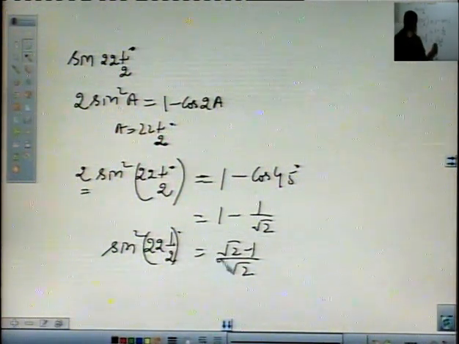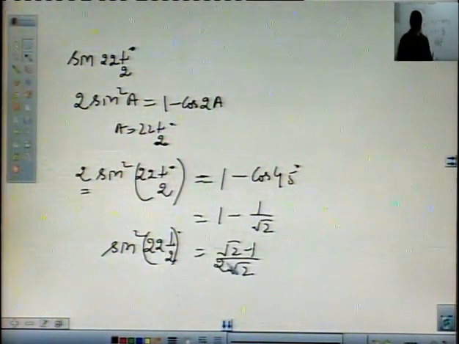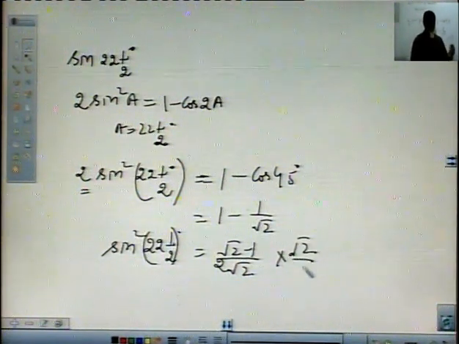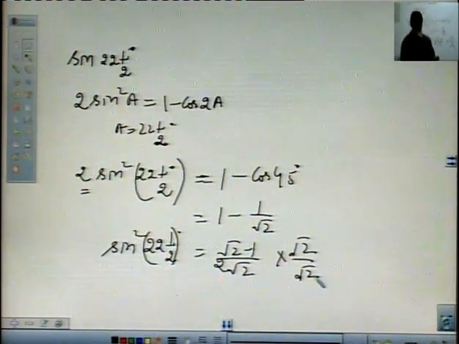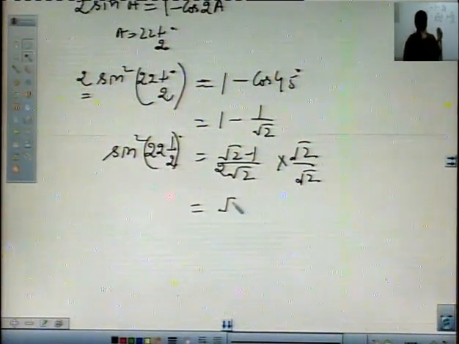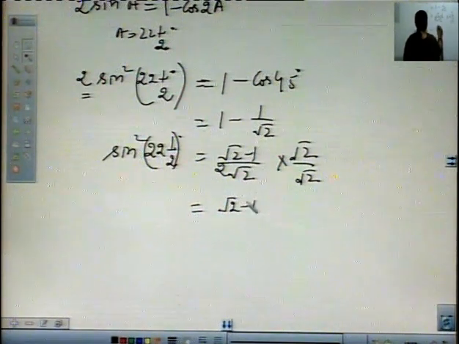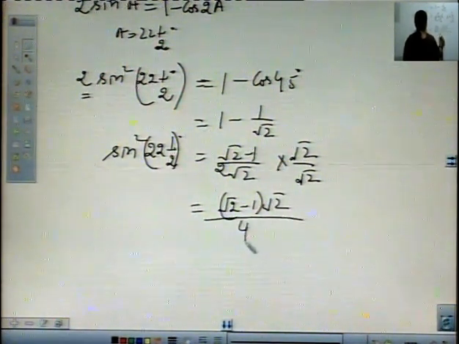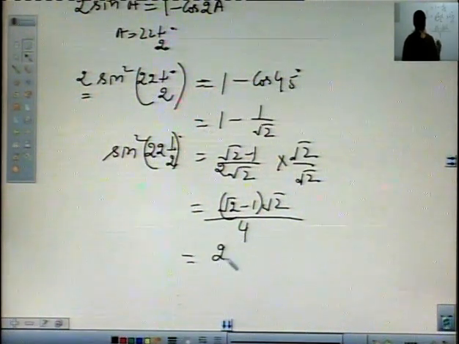Now, rationalizing by root 2, we get root 2 minus 1, and in the denominator 4.